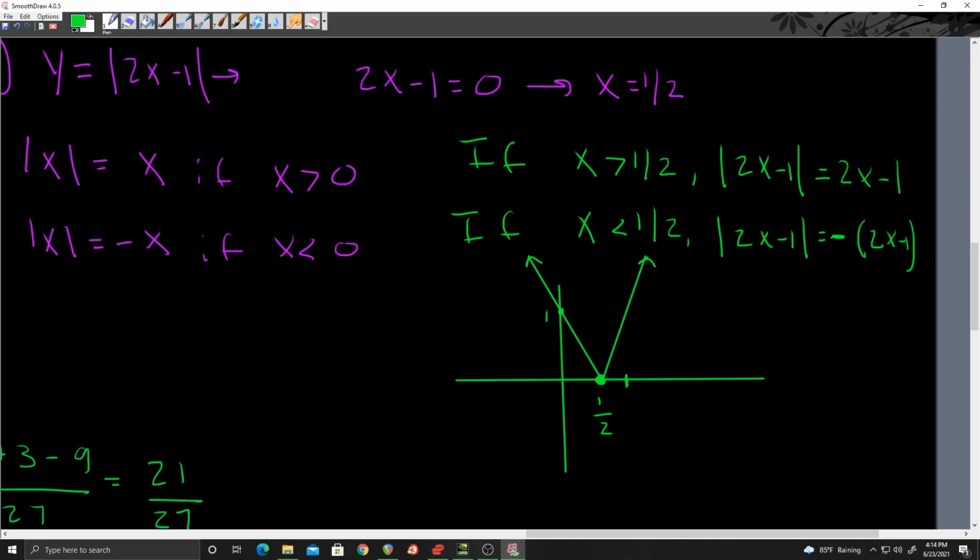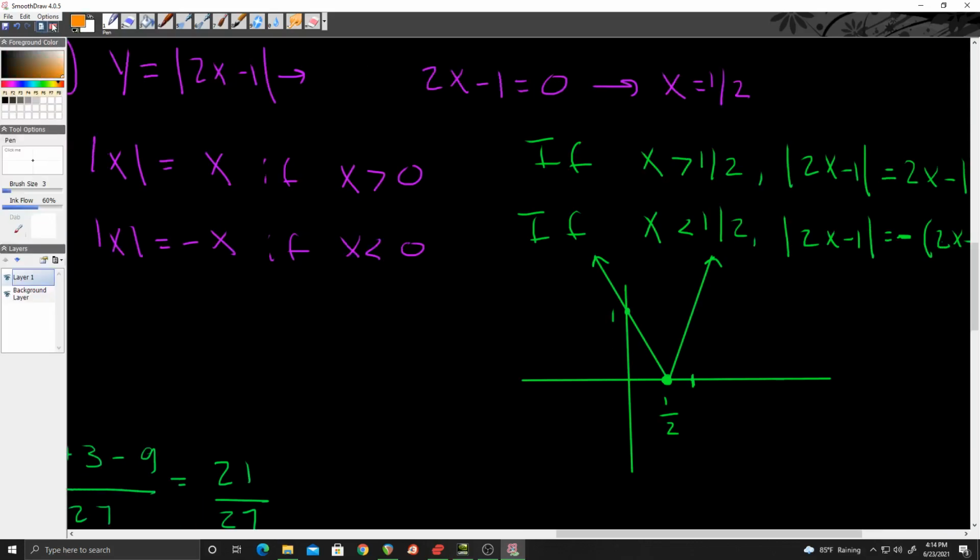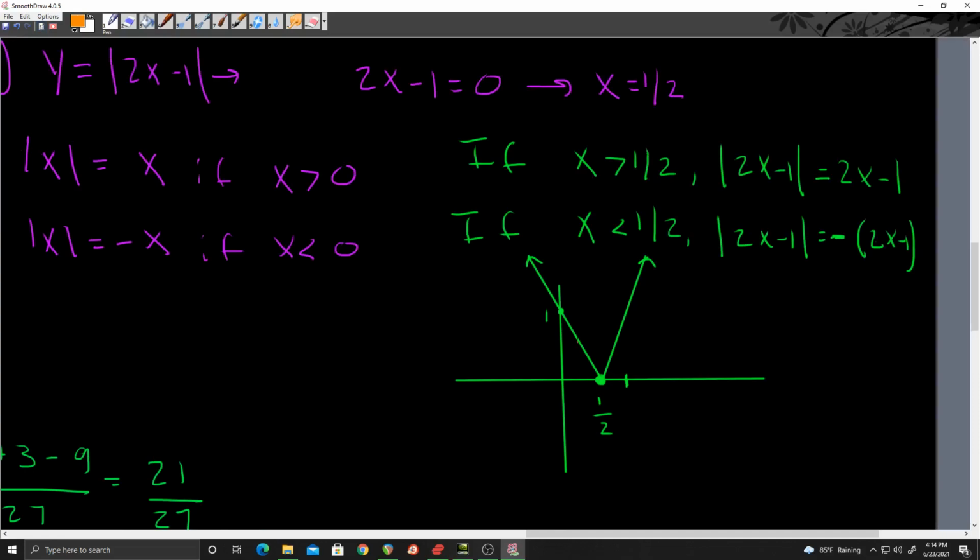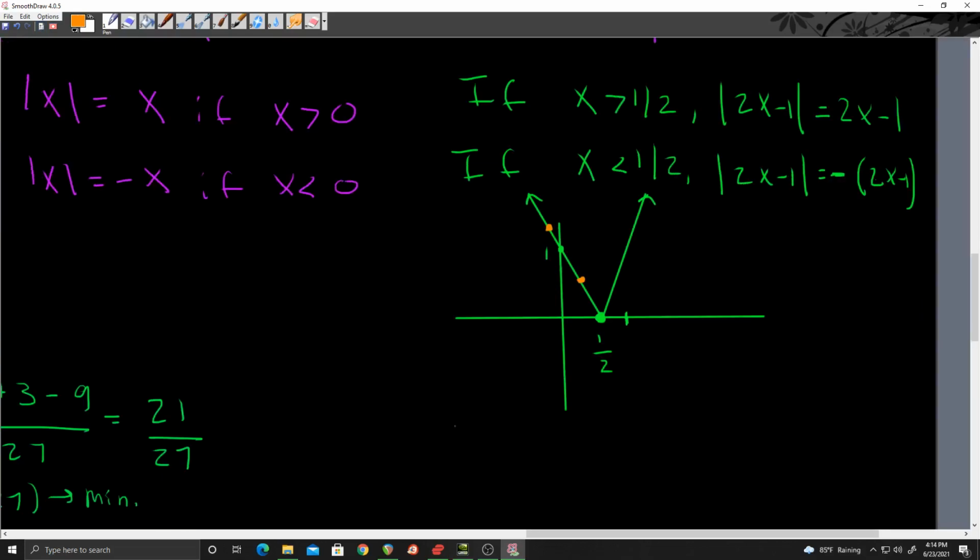Now, let's look at the left portion. Let's call it y left, YL, for y left. This is going to be the negative version, so negative of 2x minus 1. We can do some algebra here: negative 2x plus 1.